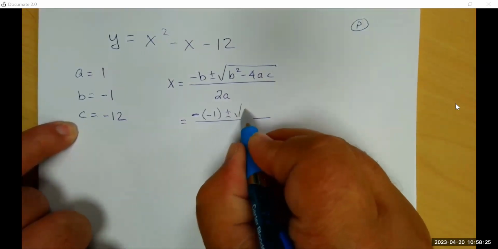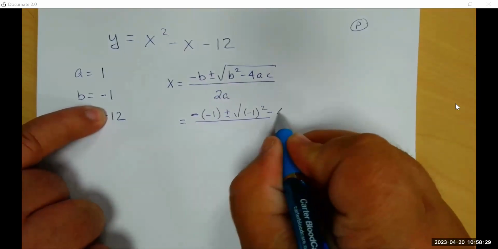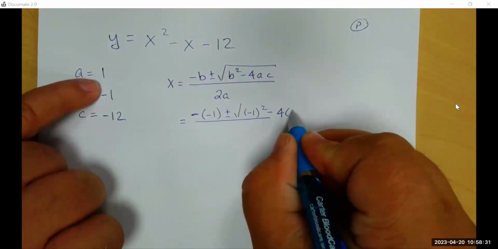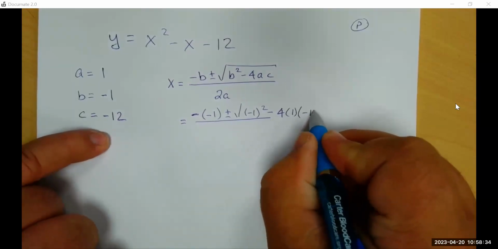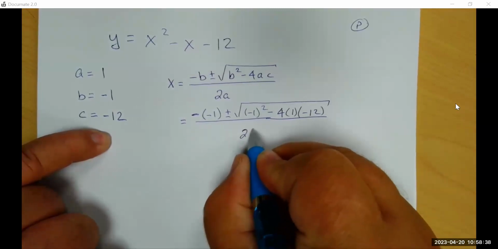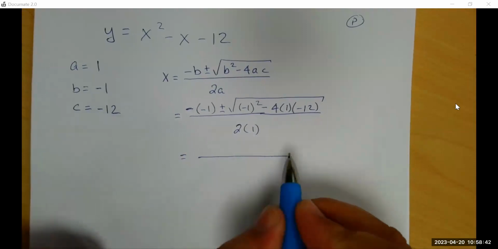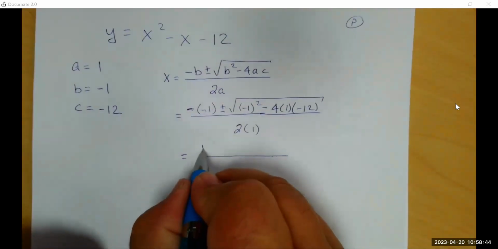Negative b, plus or minus the square root of negative 1 squared minus 4 times a times c, over 2 times 1. Negative and negative is a positive 1.